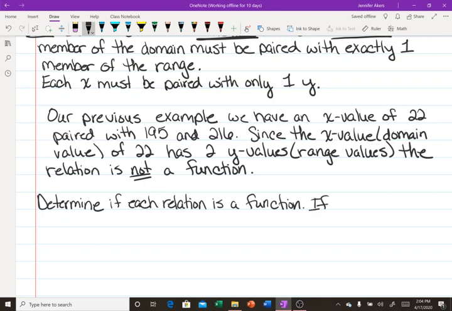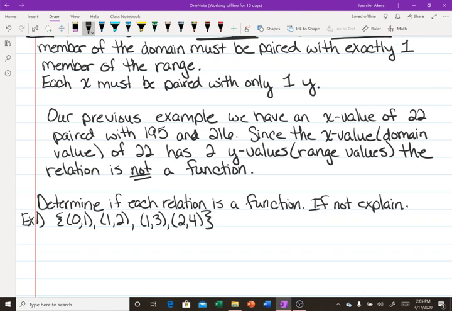If not, explain. Alright, so example 1. We have the relation of (0, 1), (1, 2), (1, 3), (2, 4).